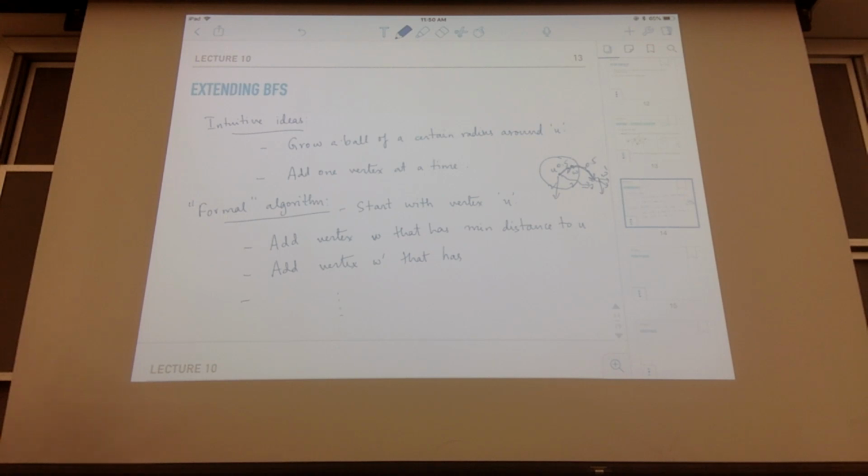I'll pause here for a minute, just in case you want some more explanation with more examples. Add vertex W prime that has, yeah, the same thing.